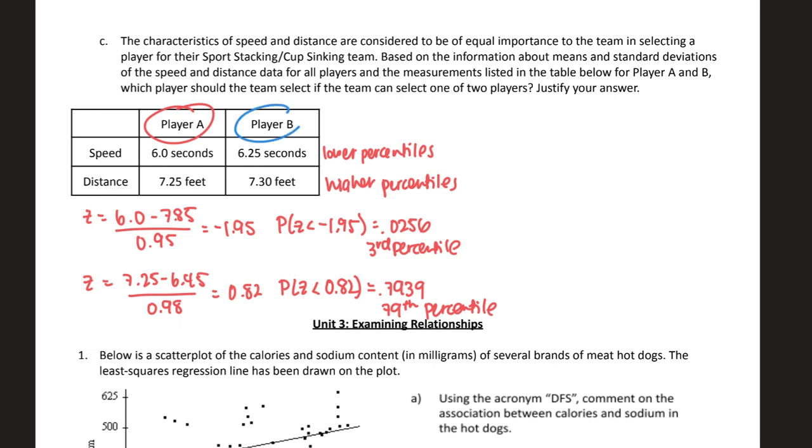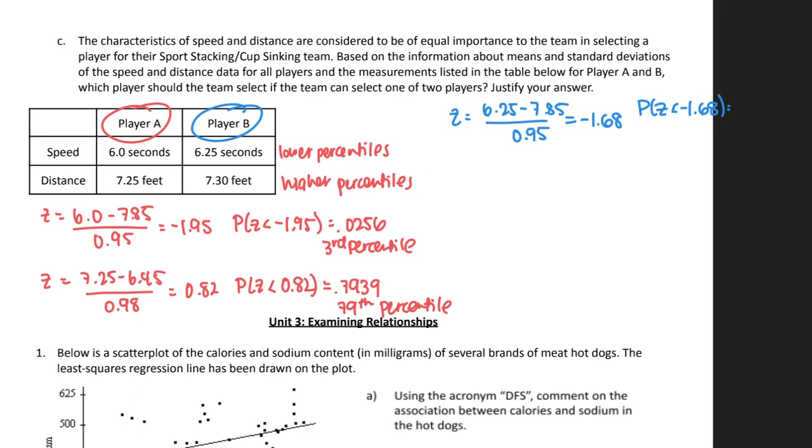All right, so now we're going to do player B, and I'm going to do it in blue. So first, for speed, it's going to be 6.25 minus 7.85 divided by 0.95. That's negative 1.68. And when we look that up in our table, that gives me 0.0465. And then for distance, it's going to be 7.30 minus 6.45 divided by 0.98.